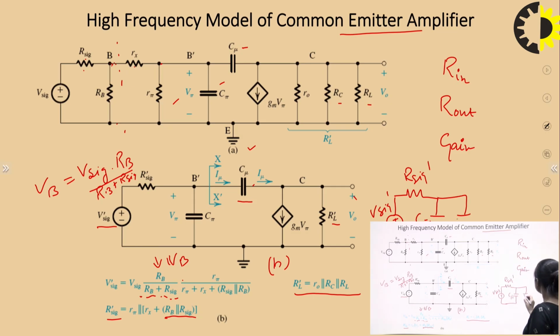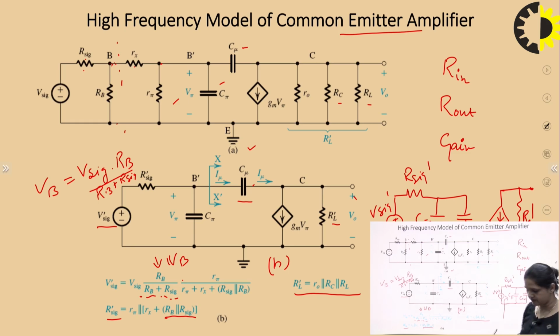This C mu is drawn at the input, but it will become C in place of C mu, and here this is gm V pi and RL dash. Now this is very simple. At this node you can calculate the input impedance, at this node you can calculate the output impedance, and very easily you can calculate the gain.